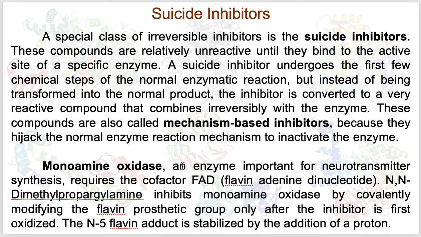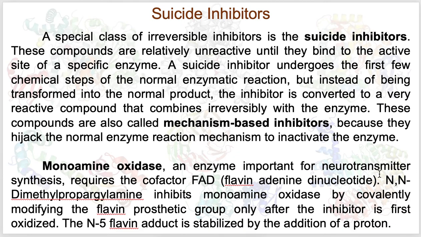Monoamine oxidase is important for neurotransmitter synthesis, and this enzyme requires the cofactor FAD, flavin adenine dinucleotide. The inhibitor, N,N-dimethylpropargylamine, inhibits monoamine oxidase by covalently modifying the flavin prosthetic group only after the inhibitor is first oxidized.